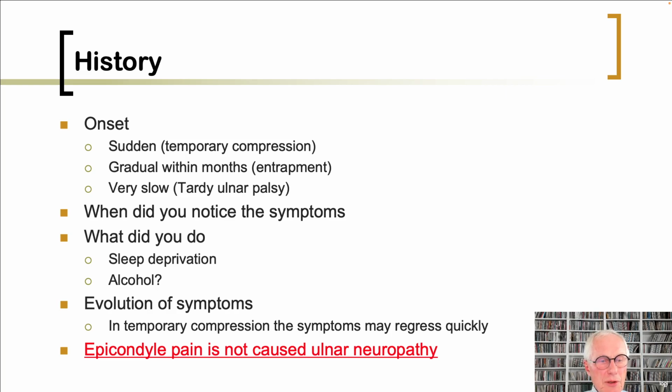If it started acutely, I think it's a good idea to try to get an idea, what did you do before all this started? Was there sleep deprivation? You slept more deeply than normal? Was there a party preceding this? And how have the symptoms evolved since the onset? Has there been improvement or has it gotten worse?